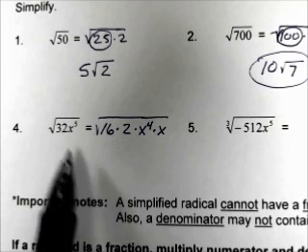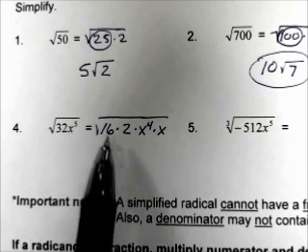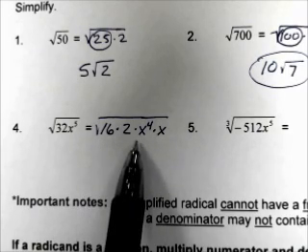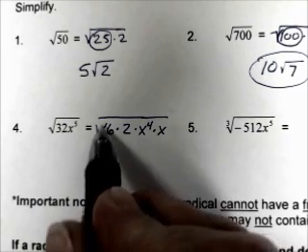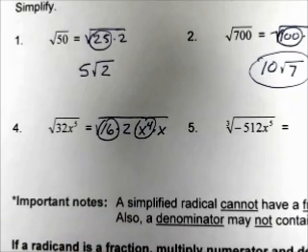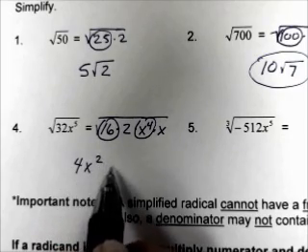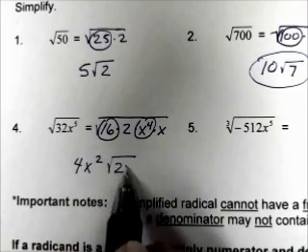So we've simply broken down 32x to the fifth as factors of 16 times 2 times x to the fourth times x. Circle our perfect squares. Take their square roots, 4x squared, and then the square root of 2x remains.